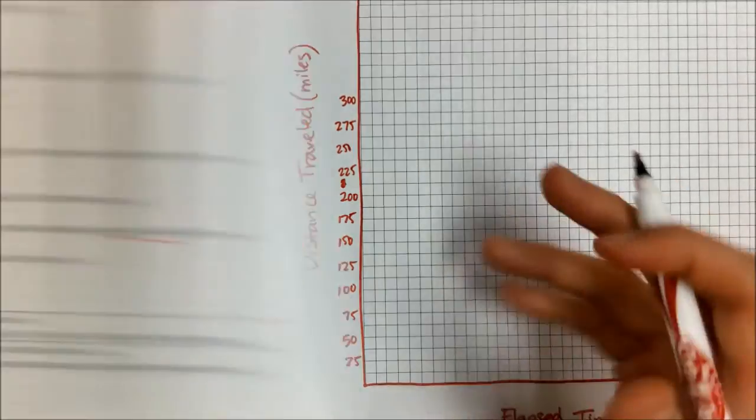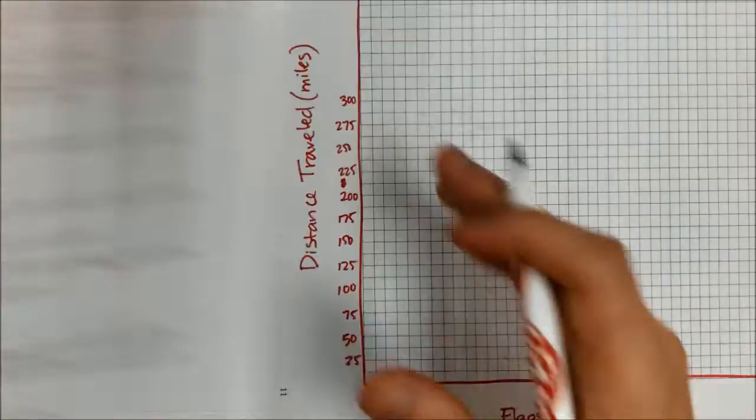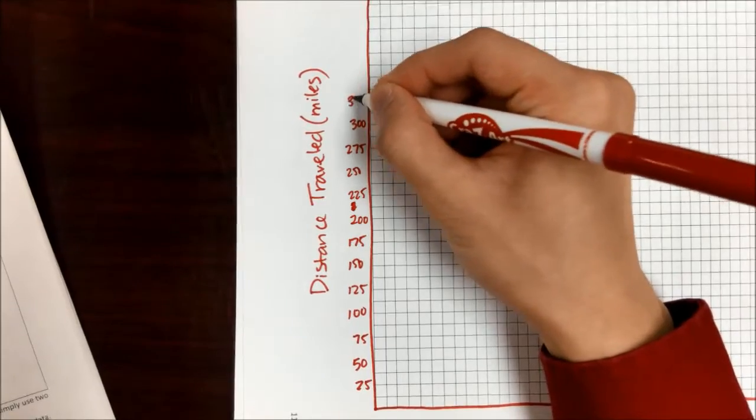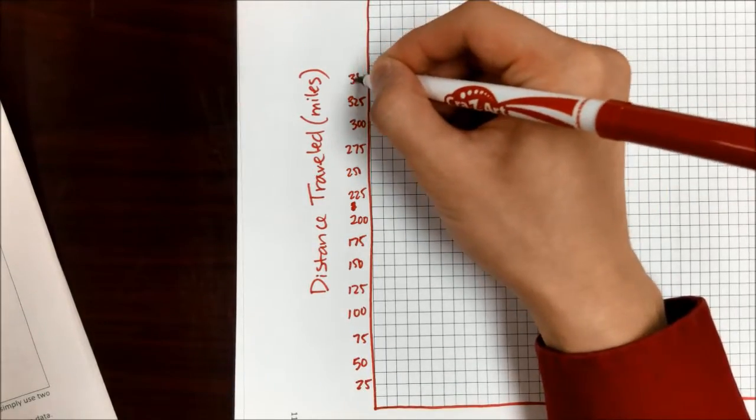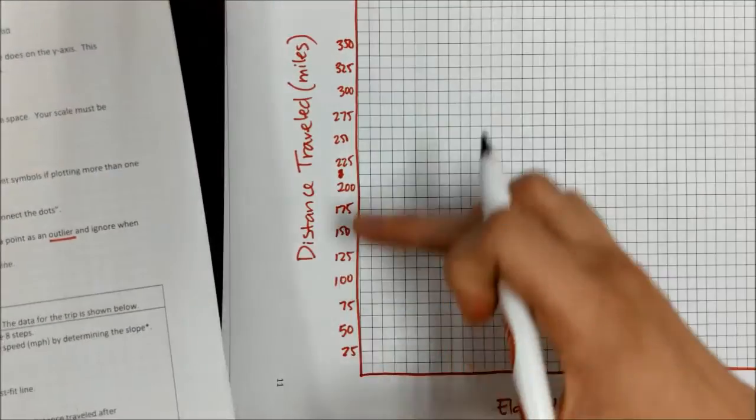Okay, I stopped at 300 because this stops at about 300, but you can keep going if you want. Up to you. Okay. Alright, so now we're done with the y-axis.